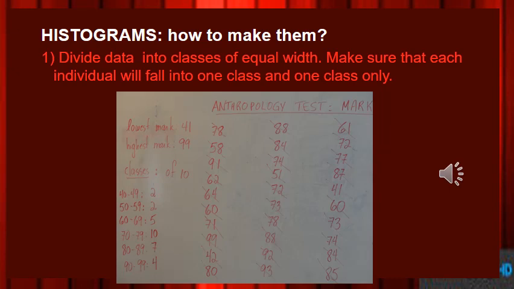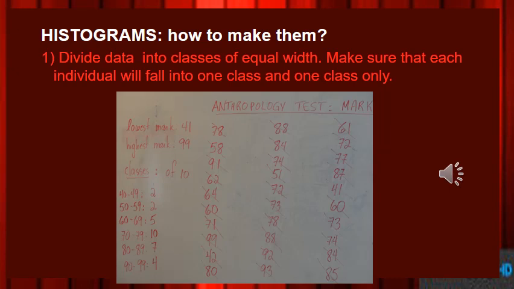Classes must be exclusive. This is important. I could not say my first class on the left will represent students having between 40 and 50, and then those between 50 and 60, because my classes would not be exclusive. If a student has precisely 50%, in which class do I put him or her? It's impossible.